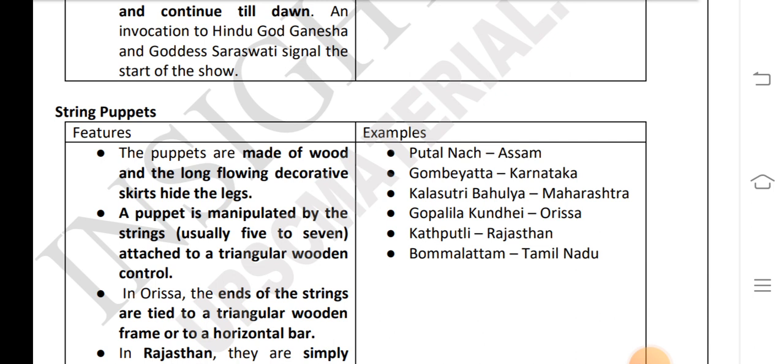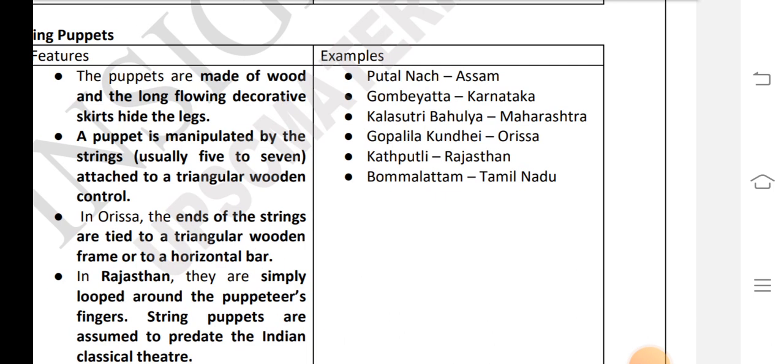Larger puppets are for the royals and religious members, while the smaller puppets depict the common people and the servants. The performance begins at night and continues till dawn, and the invocations to the Hindu god Ganesha and the goddess Saraswati signal the start of the show.